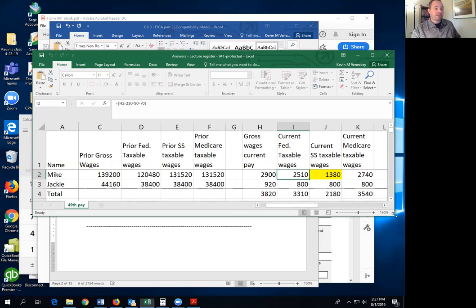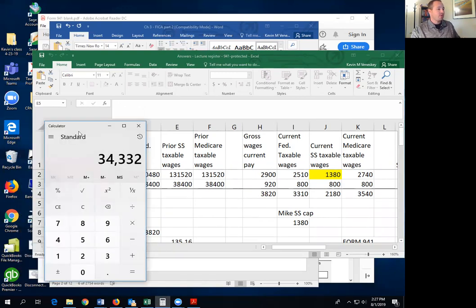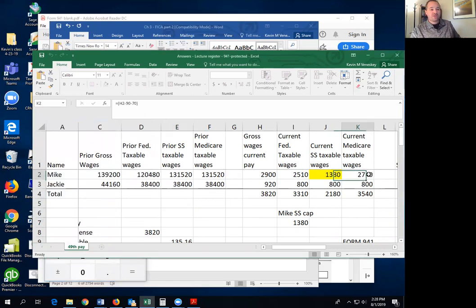Now, the hard part, and the only one that's kind of different, and that I have highlighted here, is the one where Mike hits the cap. If you are doing it off to the side, and I'll bring up a calculator here, we take 131,520 and add in the 2,740 taxable wages this time, because we want to know what wages are going to be taxable for Social Security and Medicare.